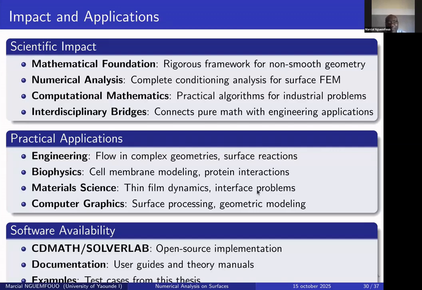The interface problem is very important in many domains, even in biophysics and biology. Computer graphics, surface processing: image processing is more practical on surfaces, and geometric modeling.